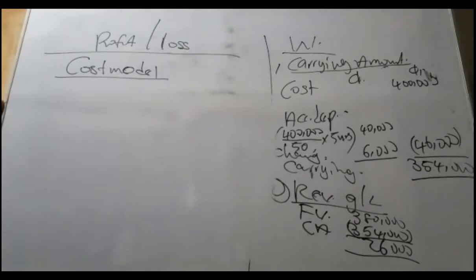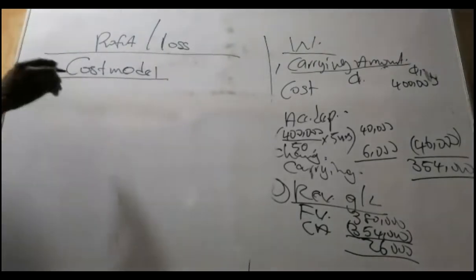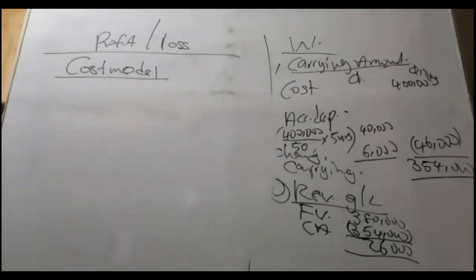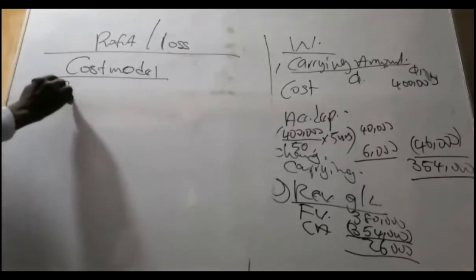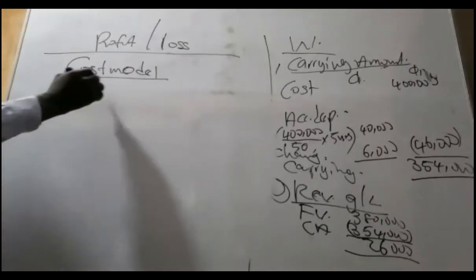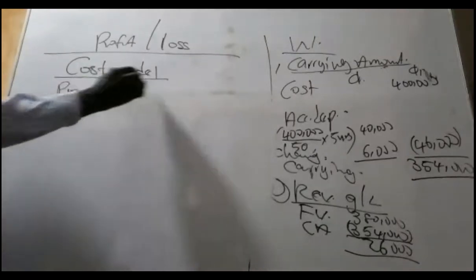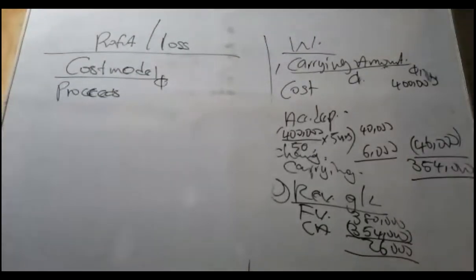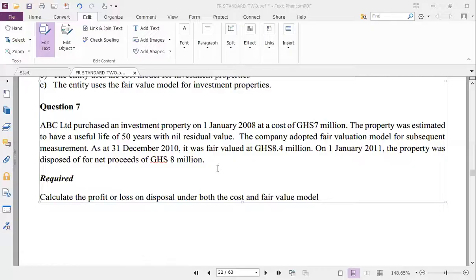Whether cost model or fair value model, the format is still the same. If you want to calculate the profit or loss, first we need the proceeds, how much you sold the asset for. So let's go to the question and pick the proceeds. You are done. And then you find the carrying amount. That's the end of the game.